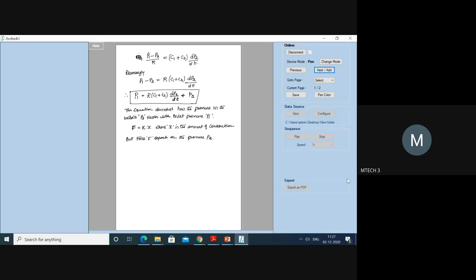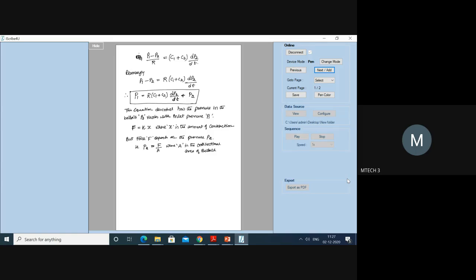What will P2 be equal to in terms of pressure? The equation of pressure is F by A, where A is what? Cross-sectional area of what? Bellows, sir. Cross-sectional area of the bellows.